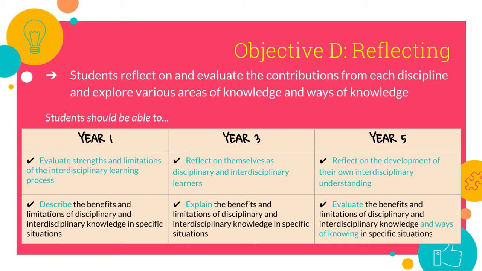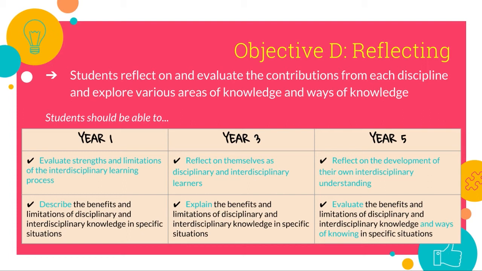In year 1, students evaluate strengths and limitations on the interdisciplinary learning process. In year 3, students reflect on themselves as disciplinary and interdisciplinary learners. So in this case, the awareness increases. And in year 5, they reflect on the development of their own interdisciplinary understanding, this time taking a more active role as a learner.